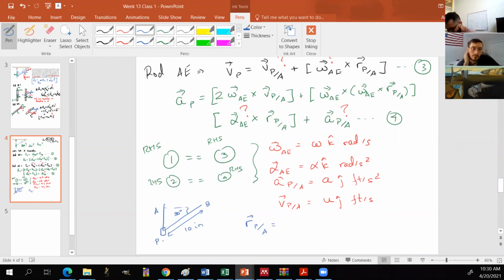So we have R of P relative to A. You're in the negative j hat direction, and this length is just going to equal 10 inches times sine 30. But remember, because it's in inches, let's convert everything into feet. So you get R of P relative to A is minus 10 divided by 12 times sine 30 in the j hat direction.